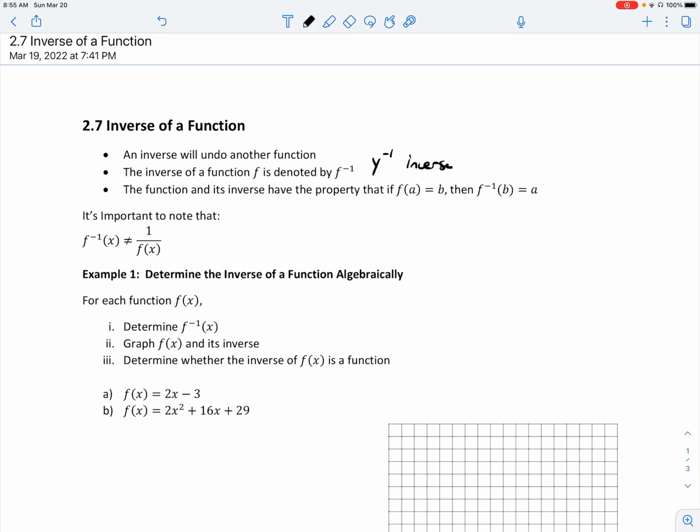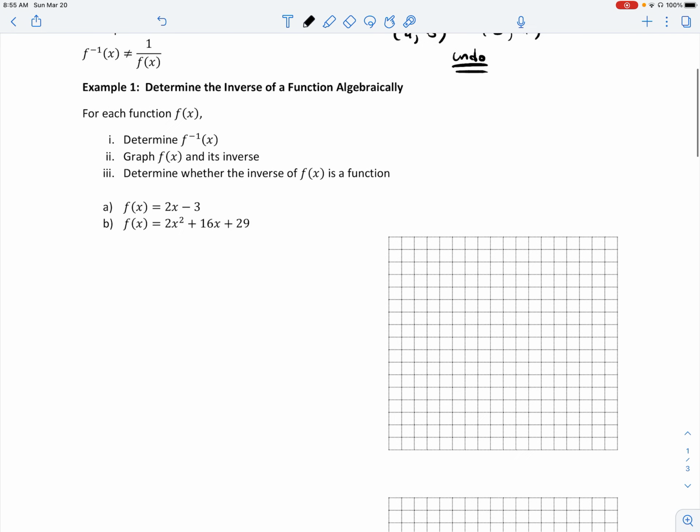So for the first function, if you put in a, your output will be b. Take the output b and use it as the input for the inverse function, and it's going to output a. So you can see the undoing process. That's what inverse functions will do.